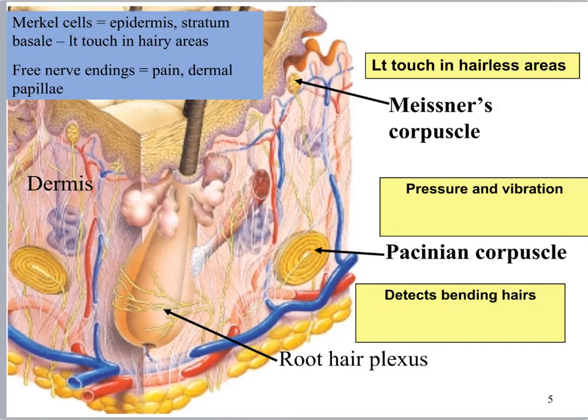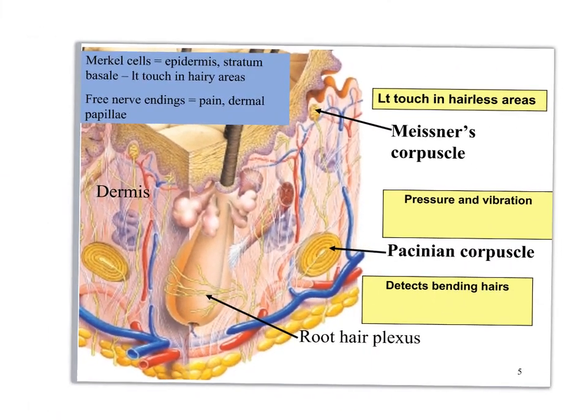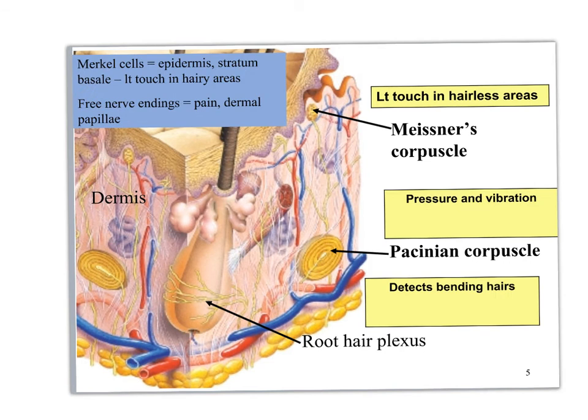All right, so at this point, y'all have seen this picture a lot. I use this one over and over again because it's one of my favorites. Now I'm zooming this out so that we can see the blue box right here, because there are two things that we cannot see on this drawing. We cannot see the Merkel cells, and we can't see the free nerve endings. It's just not a high enough magnification. What we can see is the Meissner's corpuscle up here in the dermal papilla, and we can see the great big Pacinian corpuscle.